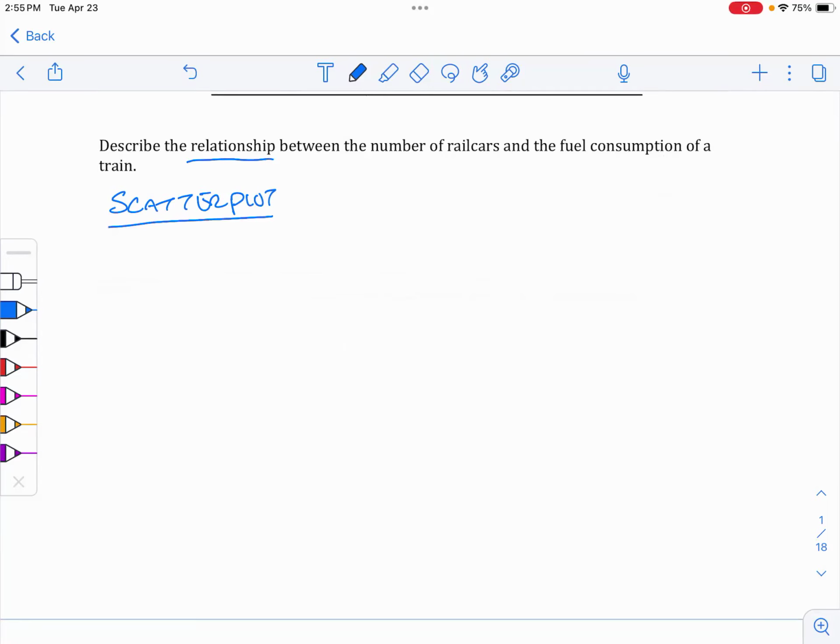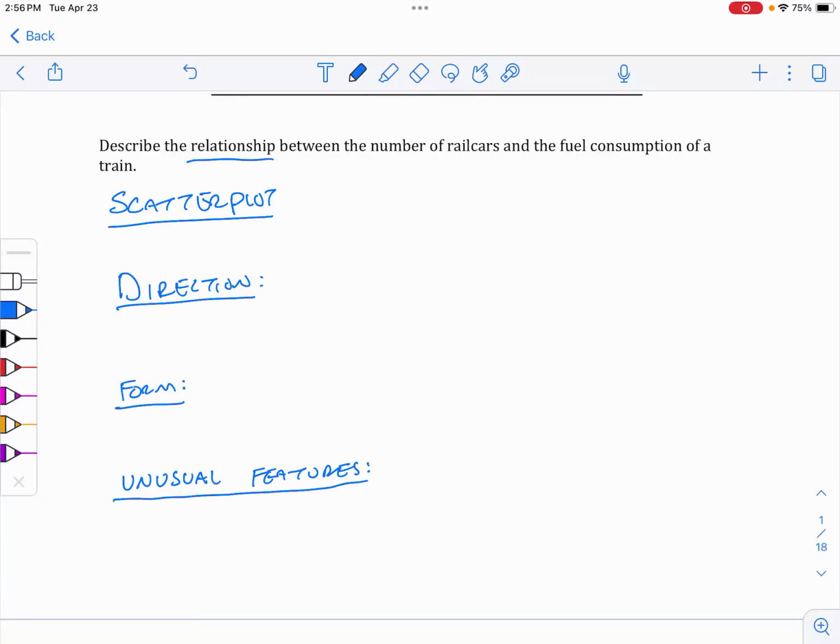When describing the relationship, aka describing a scatter plot, we identify three things: direction, form, and unusual features. And so those are the three things that we are going to identify.